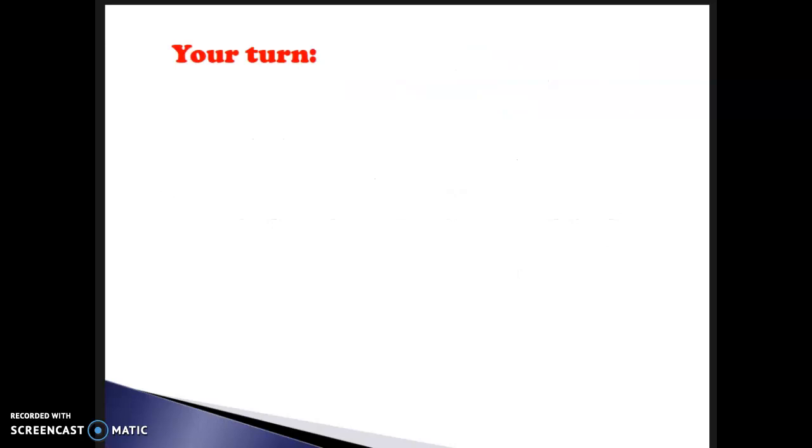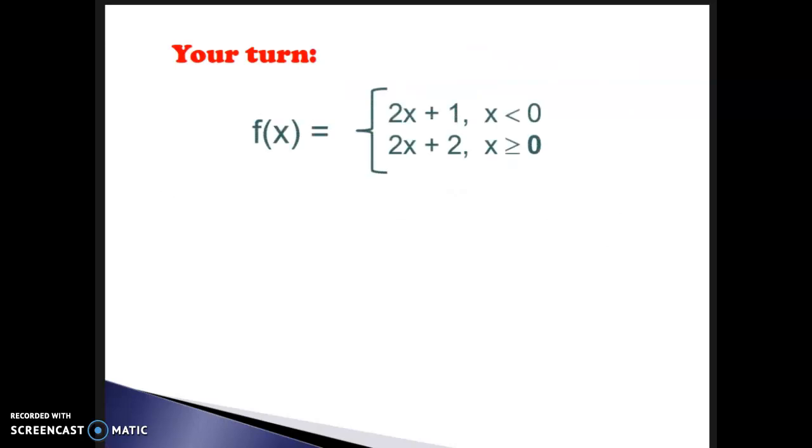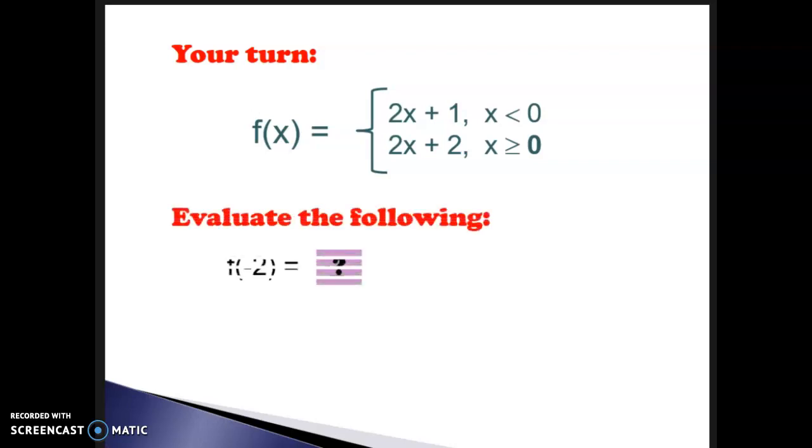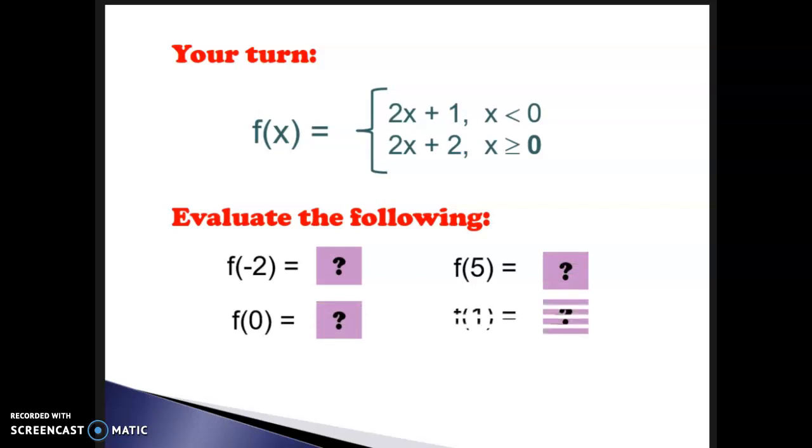All right, your turn. We're going to change up some functions. We're going to use these functions right here. f of x is equal to 2x plus 1 when x is less than 0. f of x is equal to 2x plus 2 when x is greater than or equal to 0. You're going to find f of negative 2, f of 5, f of 0, and f of 1.